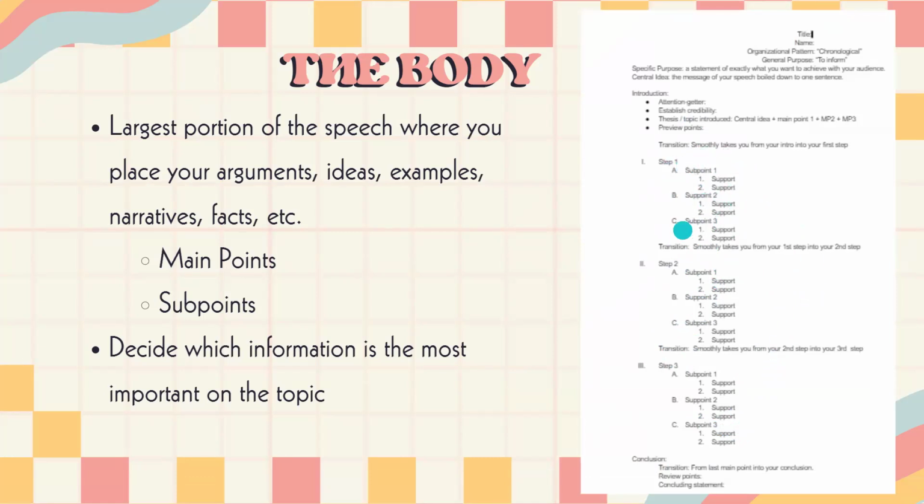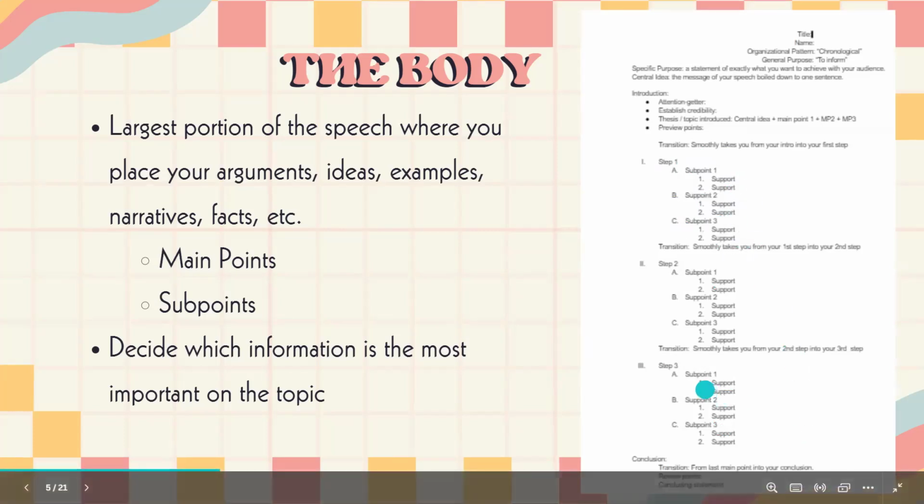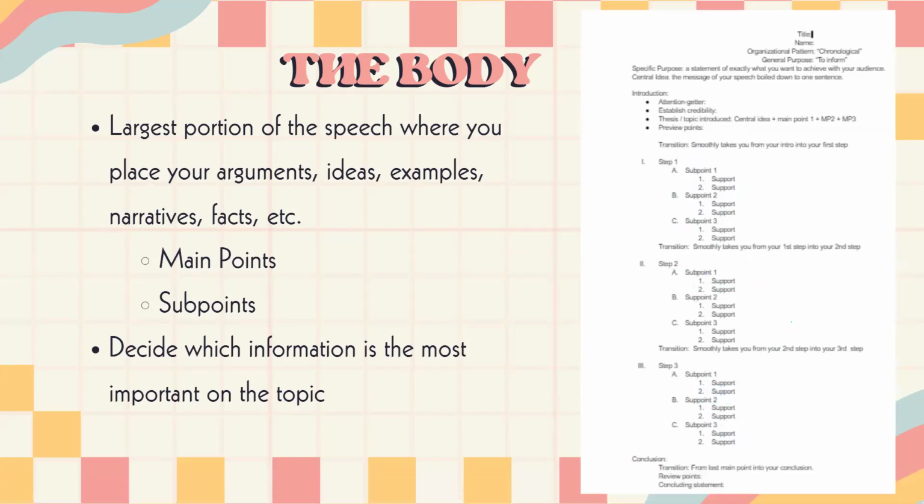You have 3 subpoints, you have all the support in there. And then same with this, 3 subpoints, fully built out, has support, where here you have one. Well, then that tells you that you need to do research on step 2, that you need to build more of an argument. And if you research and you really cannot find anything to add, then that's an indicator that maybe your main point is not very strong and you need to take it a different direction.